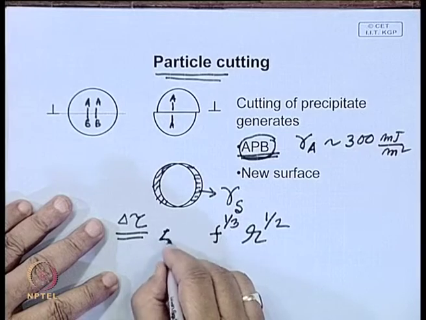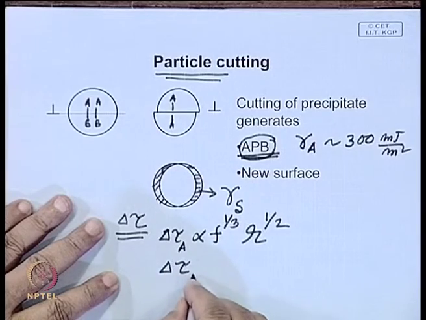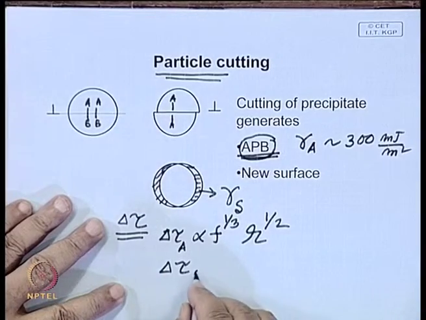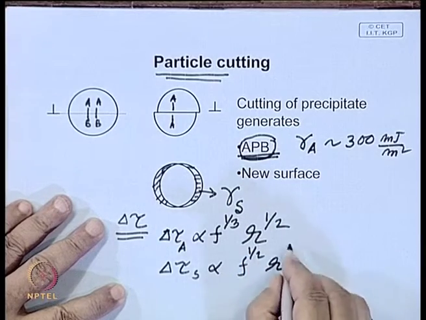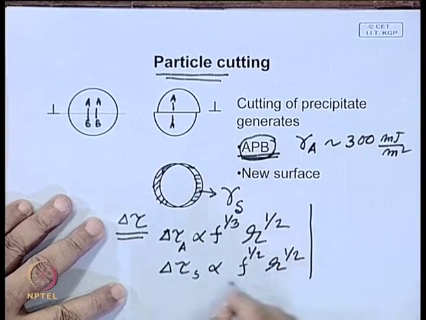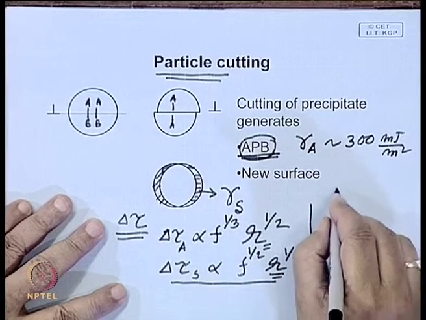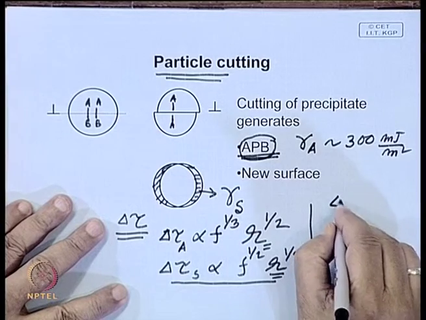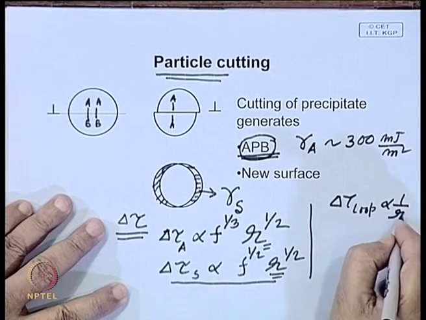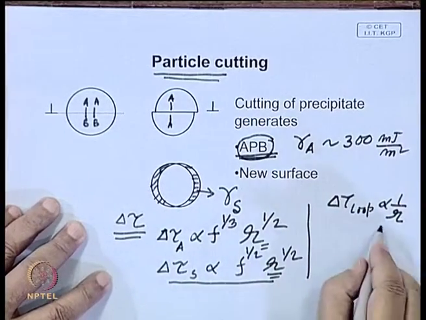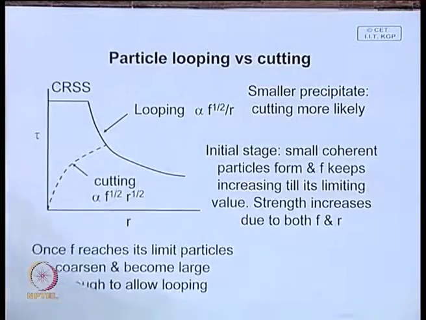This is delta tau for the antiphase domain boundary, and this is for the new surface created. So this increases as the particle grows, whereas for looping, delta tau loop is inversely proportional to r. This is quite important, and we will look at the implication of this, which is shown here.